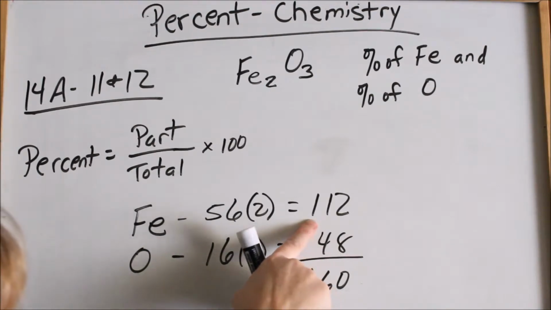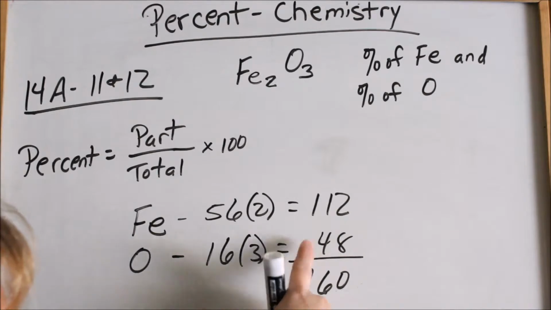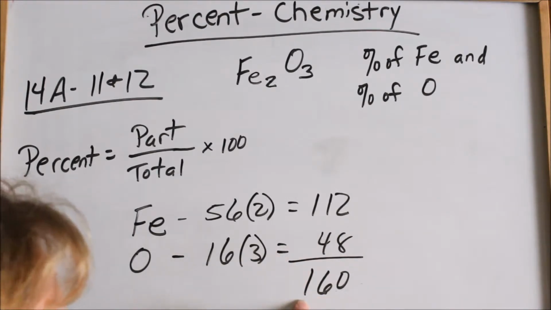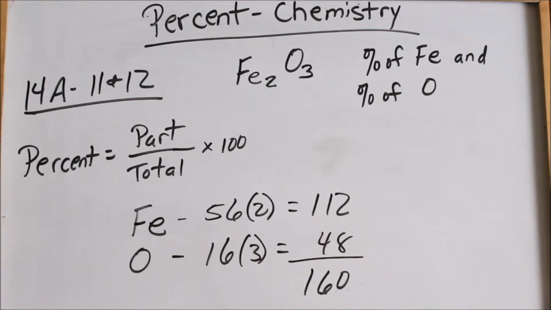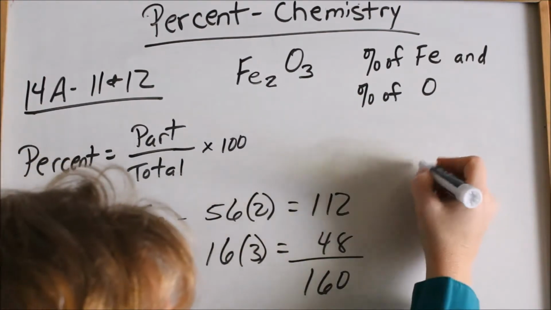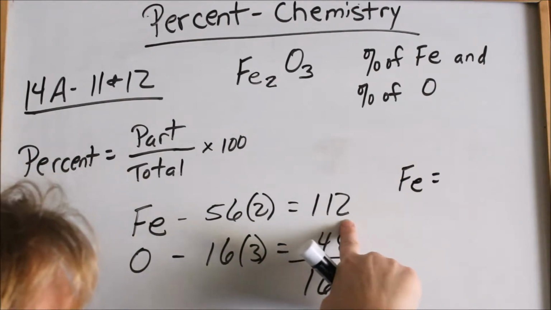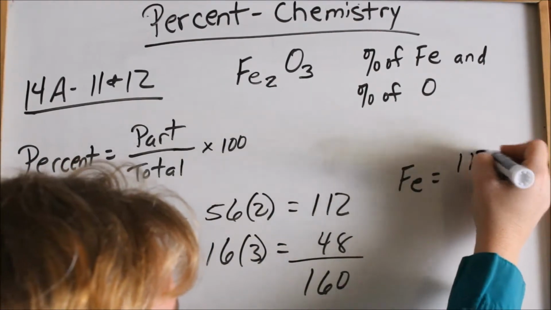I need the individual weight of the iron, then the individual weight for the oxygen, then the total weight of the compound. Now I can find the percent of iron. The percent of iron is going to be the part over the total. If I'm just looking at iron, then the amount of iron I have is 112.